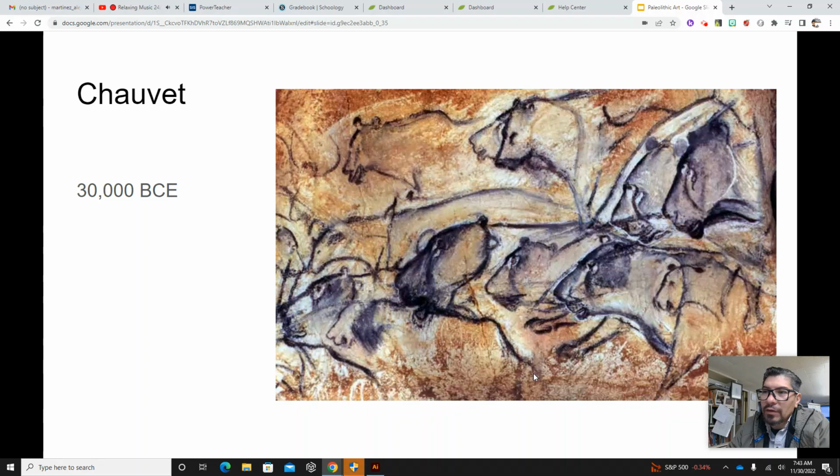And what they found is that these drawings were drawn over hundreds, if not thousands, of years between one drawing and another.